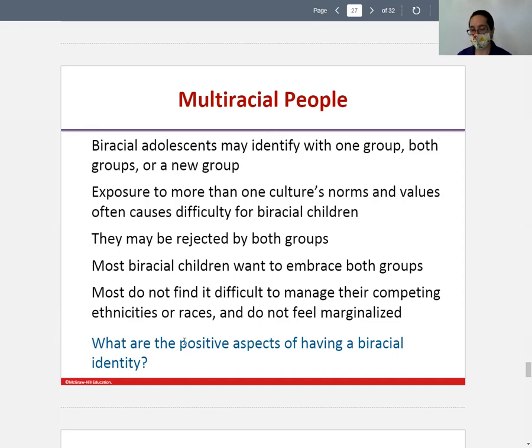And those positive aspects would be that you have a foot in 2 or 3 different worlds. You're able to communicate with people from different cultures because maybe one set of your grandparents is Japanese, maybe one is American, maybe one of those grandparents also married someone from another culture. So you have all those different things to learn about and be exposed to.